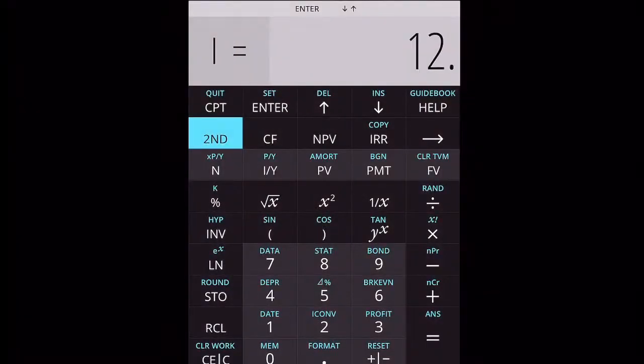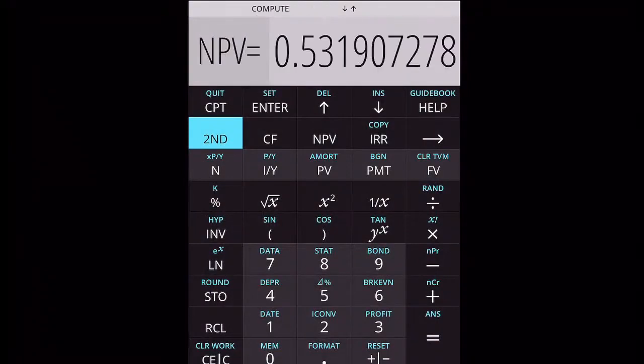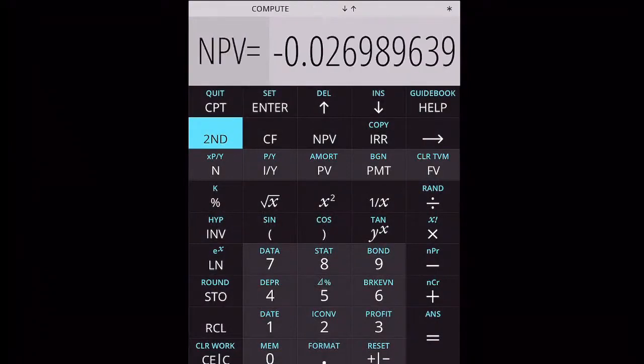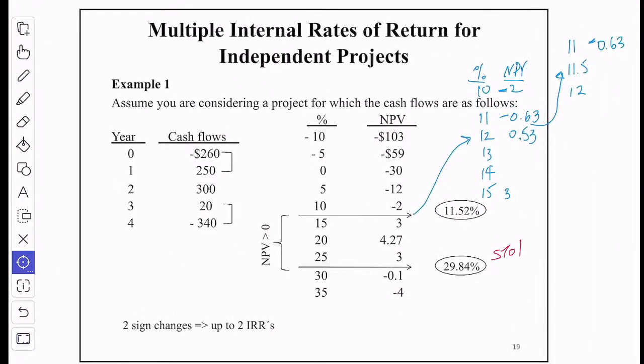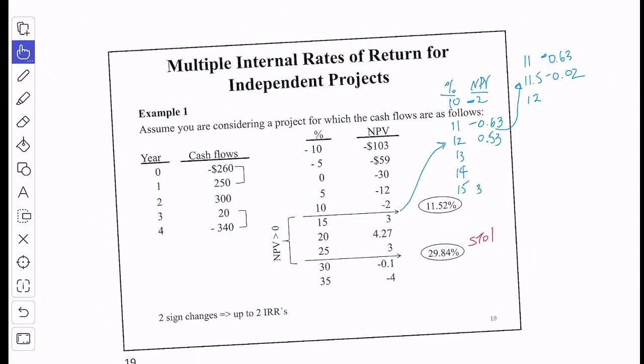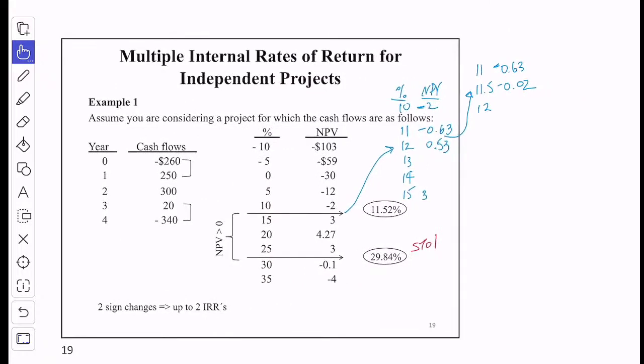So I'm going to go back to here and put 11.5 in, down, and compute. So it's negative 0.02. So it's still a negative, although it's very close. And finally, I'm going to see that this will be a positive, and I have to iterate then between those two. So this is iteration.